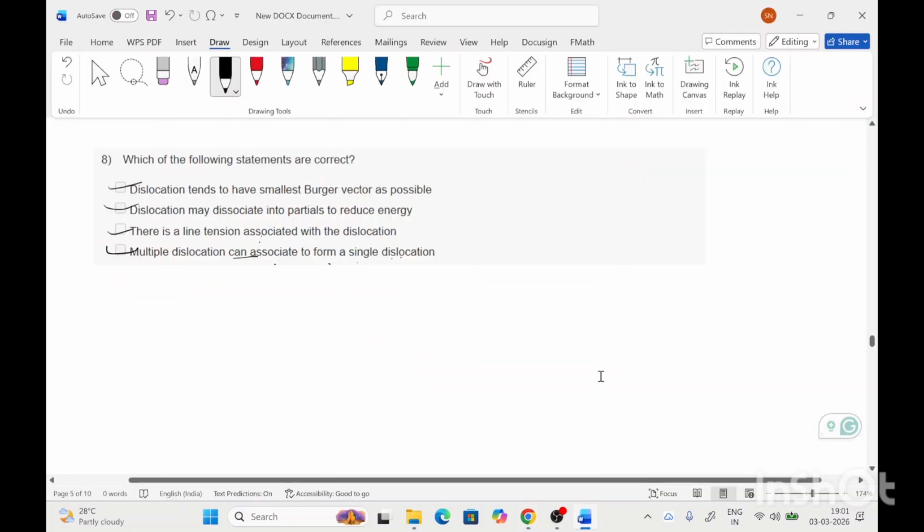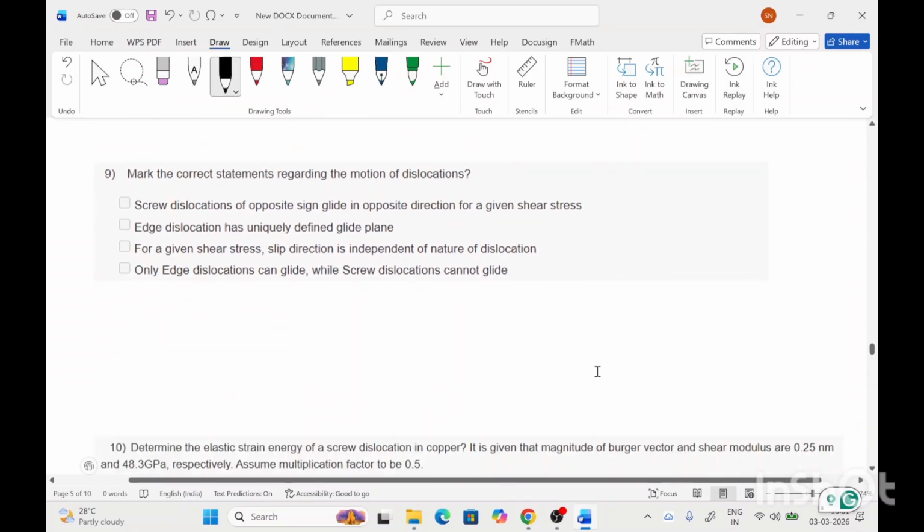Okay. So moving to next question. Mark the correct statements regarding the motion of dislocations.